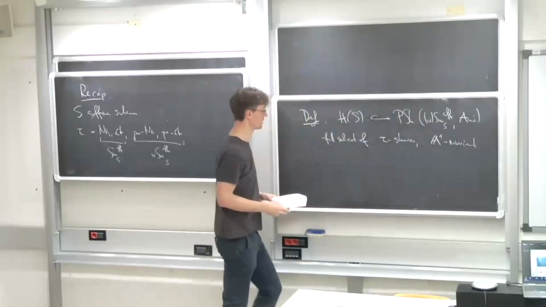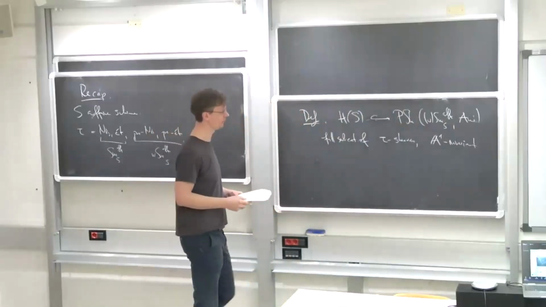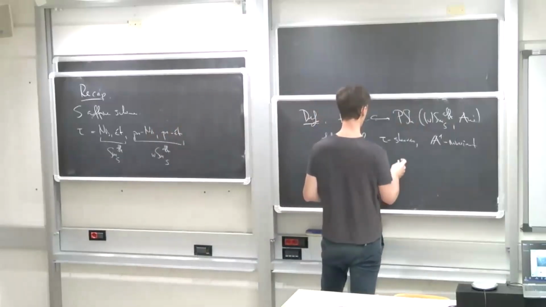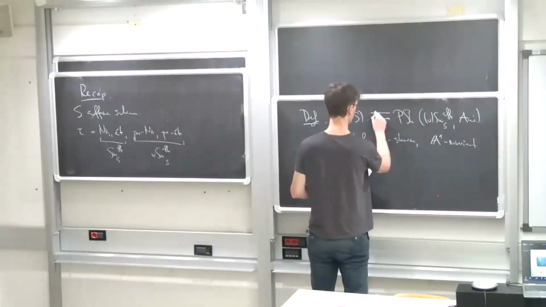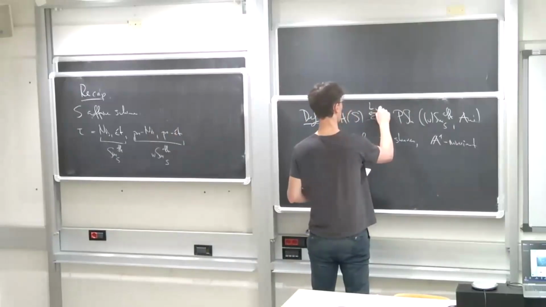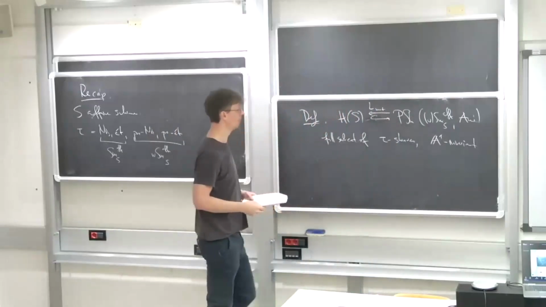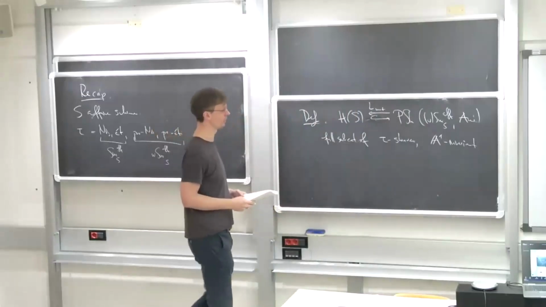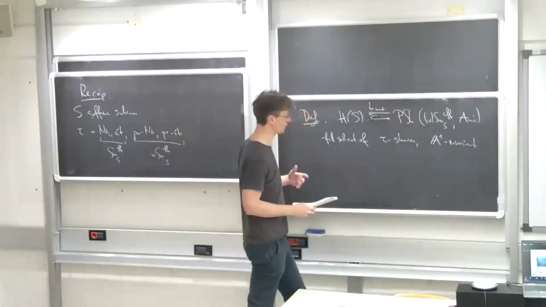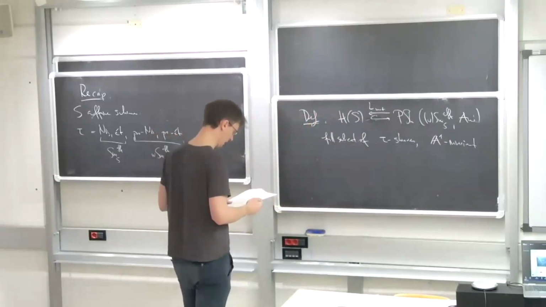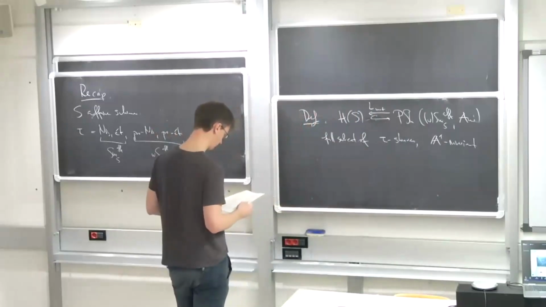Okay. So that was the definition, and we had observed that this inclusion admits a left adjoint, which I call L motivic. You can think of it as enforcing both the sheaf condition and the A1-invariance, and we have the motive, or the motivic space, associated to some scheme.